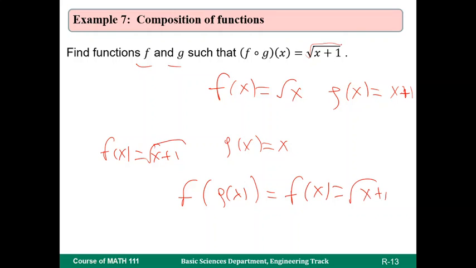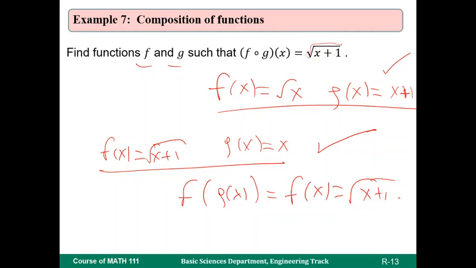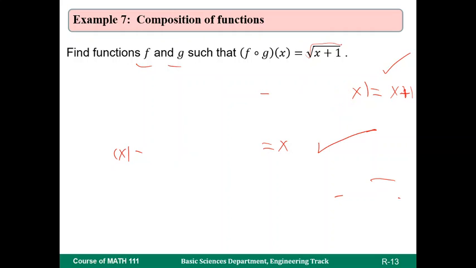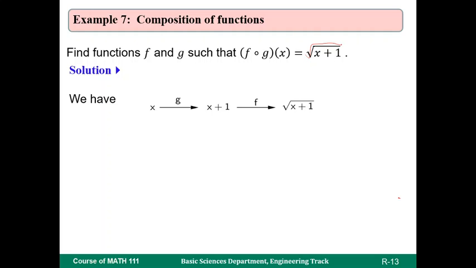Sorry, this has to be plus 1, and you get the same one. So you can find different functions having the same property. But of course, we do not recommend taking g of x equal to x, the second one. The first is the easiest one all the time.